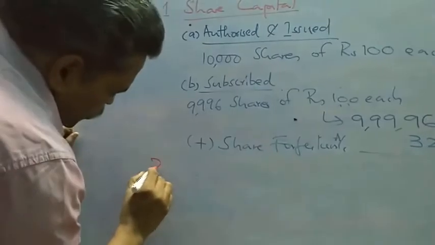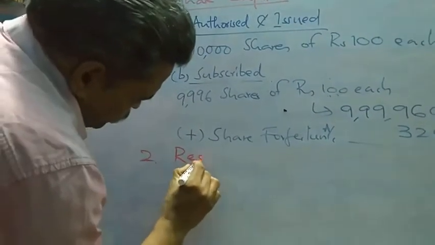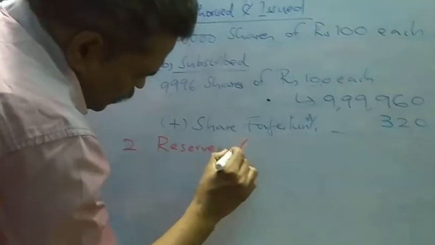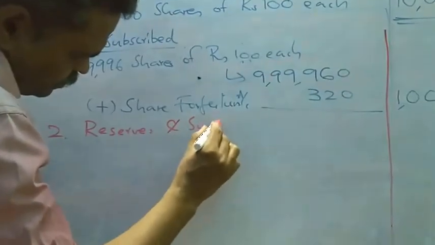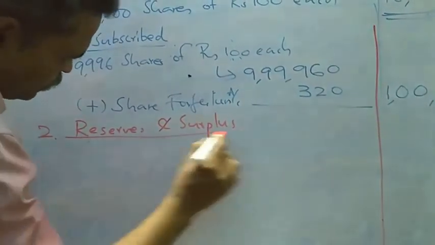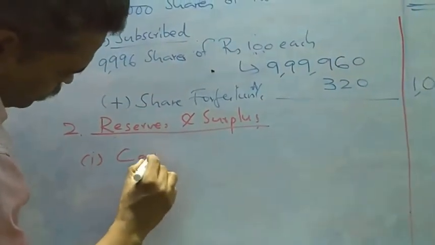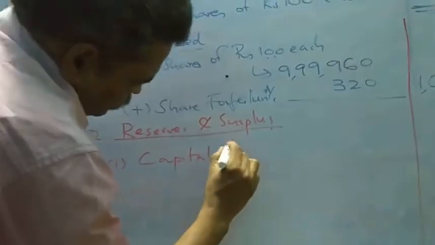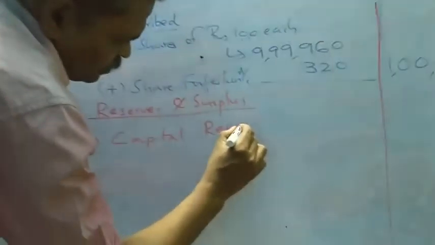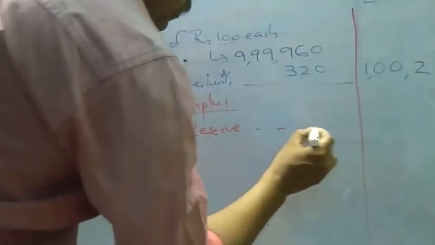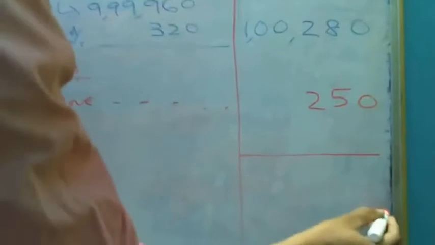Then type the number second heading, reserves and surplus. It is capital reserve, that is 250. Now make the total.